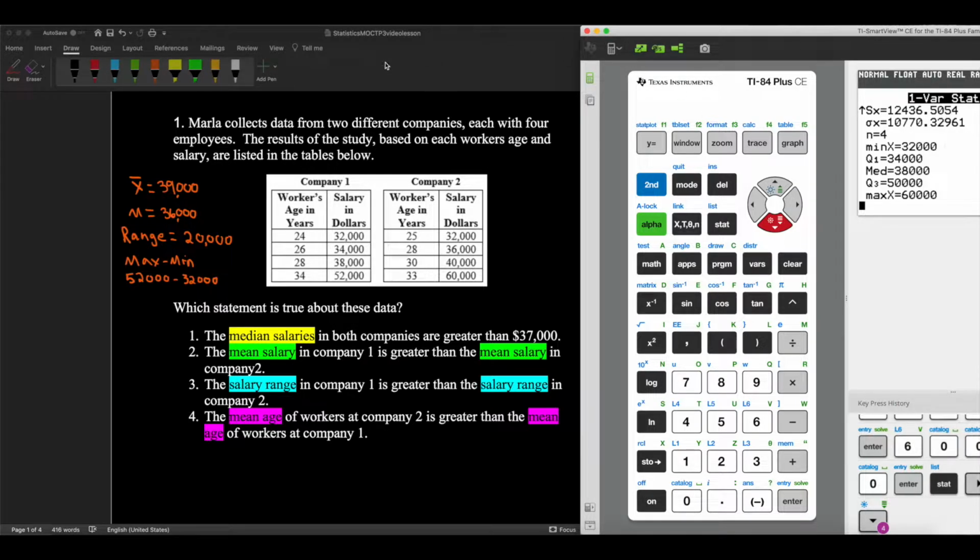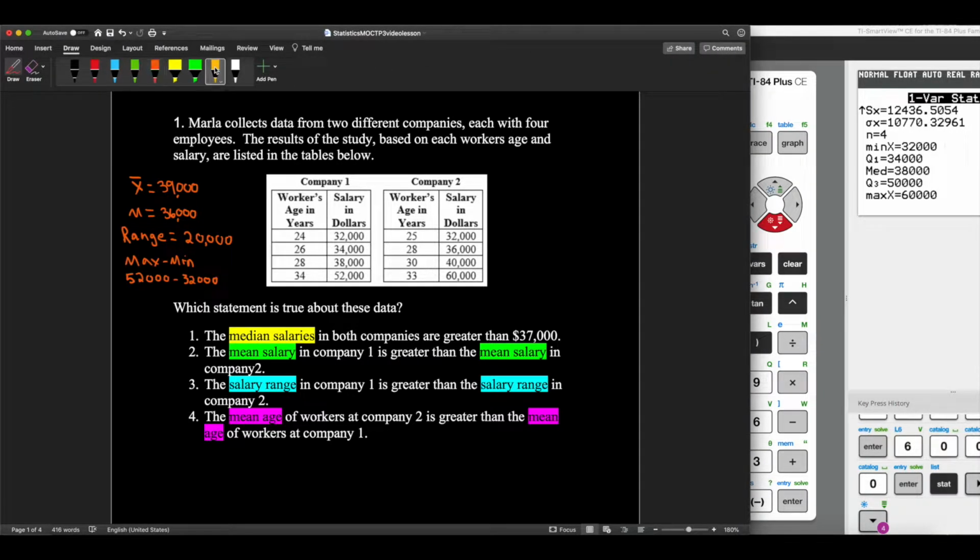Okay, so I'm going to put company 2 over here, of course, and my mean. Your median is 38,000. And of course my range, I'm just going to put R for range equals.